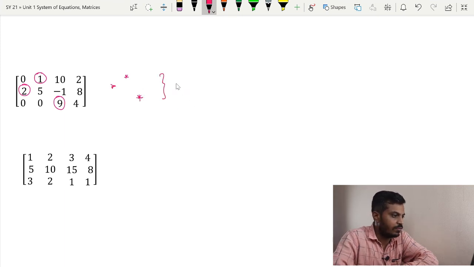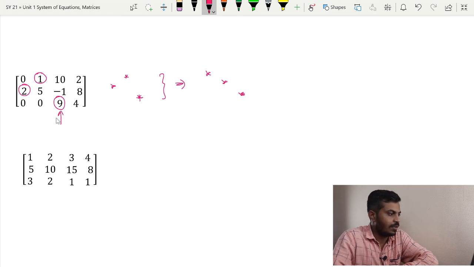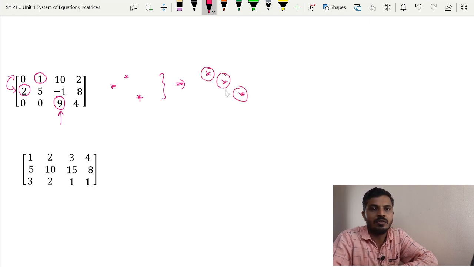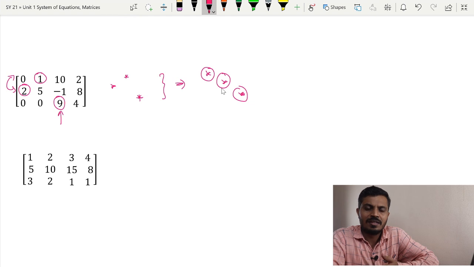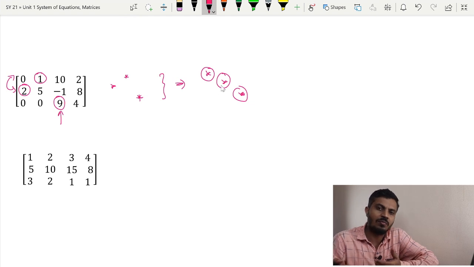So I have to convert it somewhat like this order. No problems with this 9, right? I just need to interchange the first two rows. Once I interchange it, ultimately you can see that I will get such an order of my leading coefficients. This will come by practice. So you have to solve more and more examples to get a sense of it.